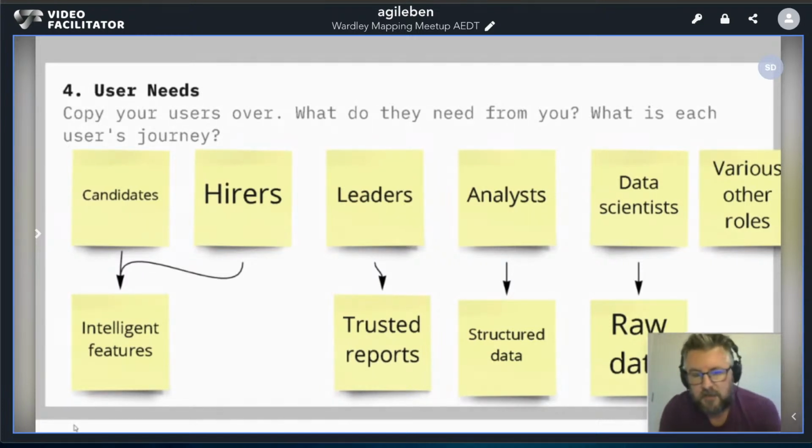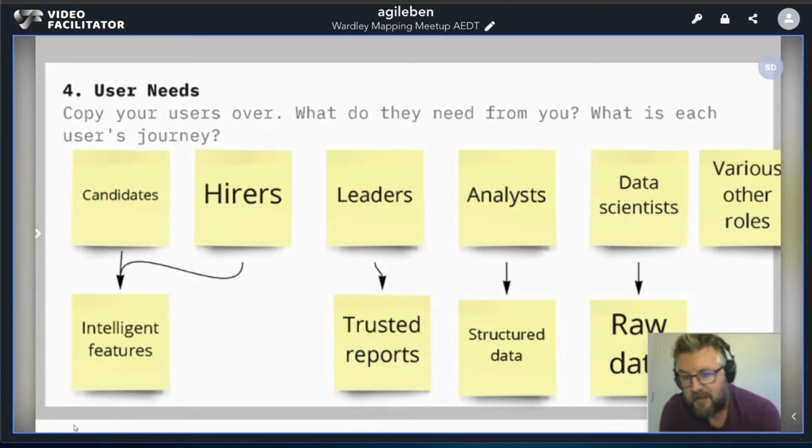It's not enough just to collect lots of data and then put very raw data up to leaders. If they don't know the context, if they don't know where the data has come from, it's very hard for them to trust it. For analysts, there's got to be a process around turning raw data into structured data.